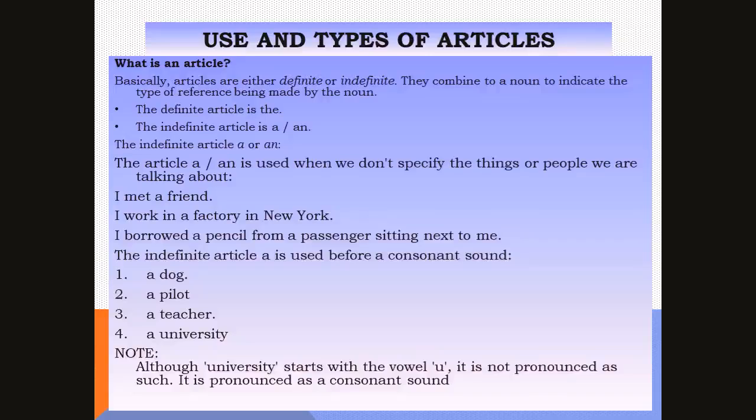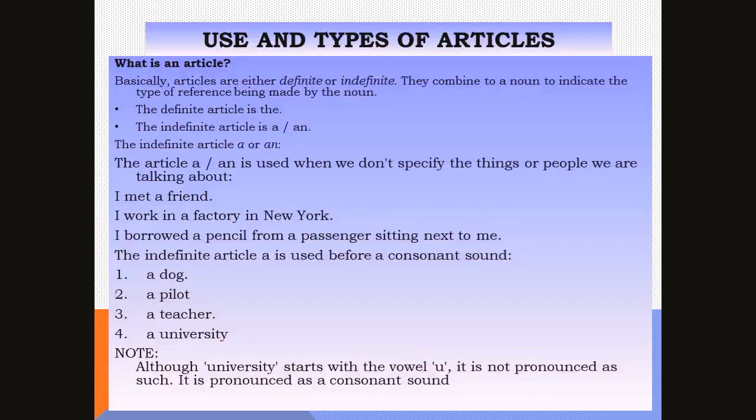But whenever we say, I met the friend whom you met earlier, it is defining only a single friend, a single person. So wherever we use the, it must be a definite thing or person or any noun.